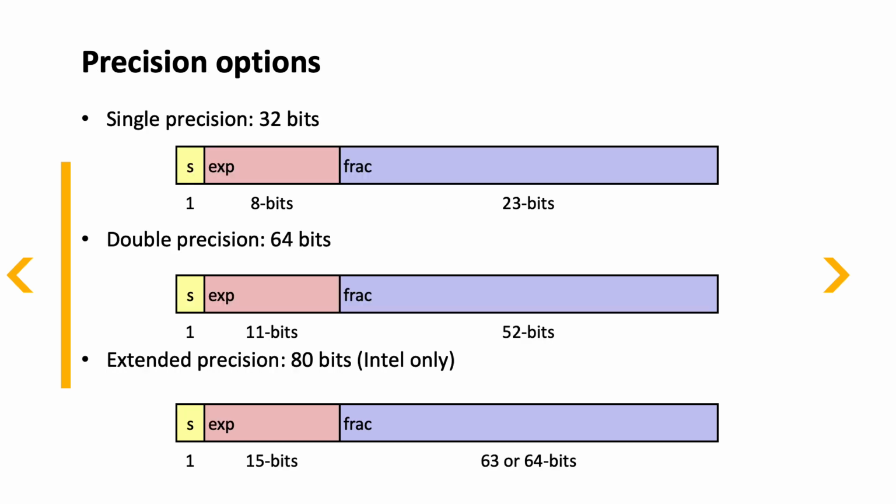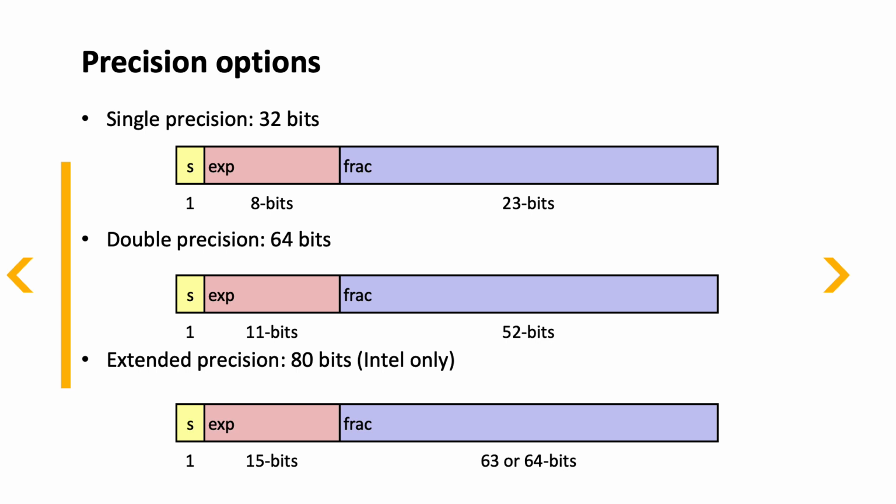Now, speaking of that word size that I mentioned on the last slide, we've got several different specific options based on the word size that we're using to represent floating point numbers. They all have their specific names, and specific numbers of bits given to each of these fields, so we want to make sure we're familiar with those. If we're talking about 32-bit words, that's called single precision floating point.